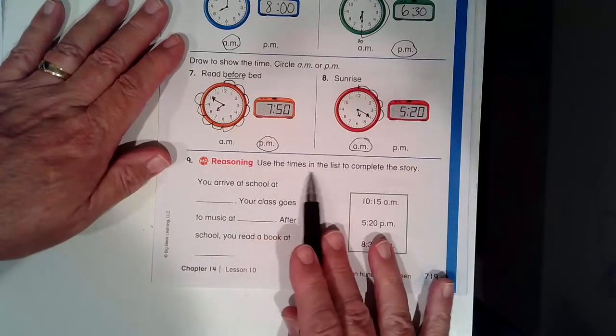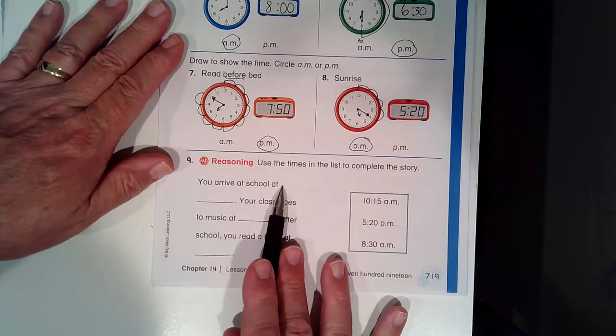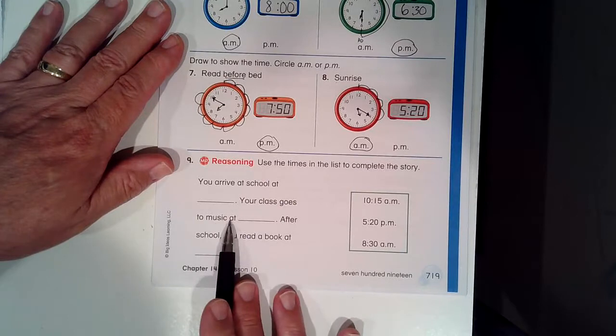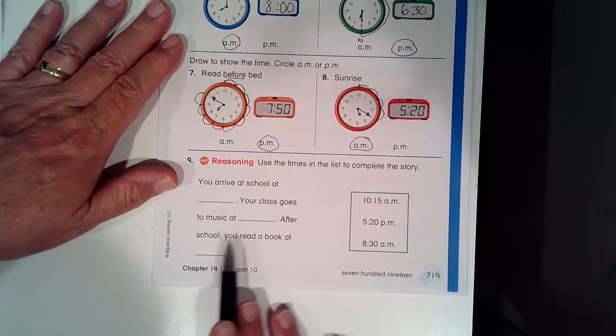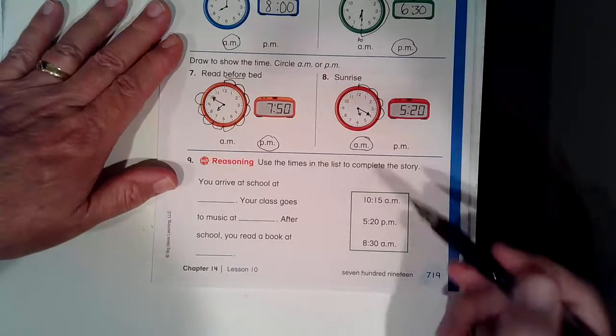Reasoning. Use the times in the list to complete the story. You arrive at school at this time. Your class goes to music at this time. After school, you read a book at this time. All right, let's take a look.